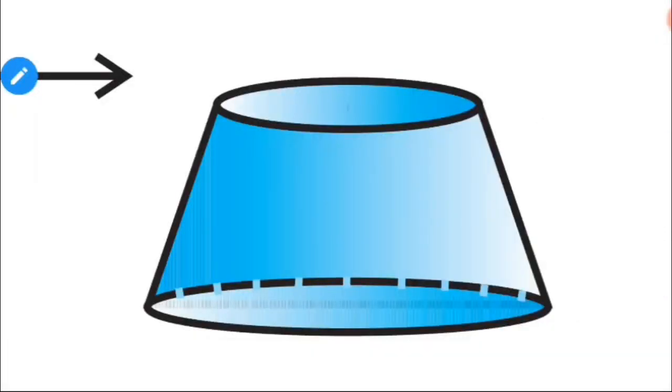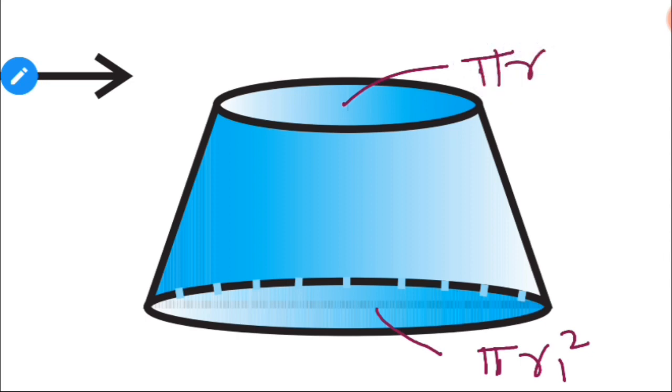Now in a frustum of a cone, base area equals pi into R1 square and top area equals pi into R2 square.